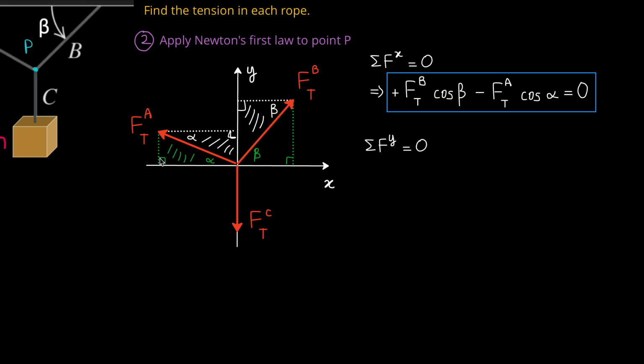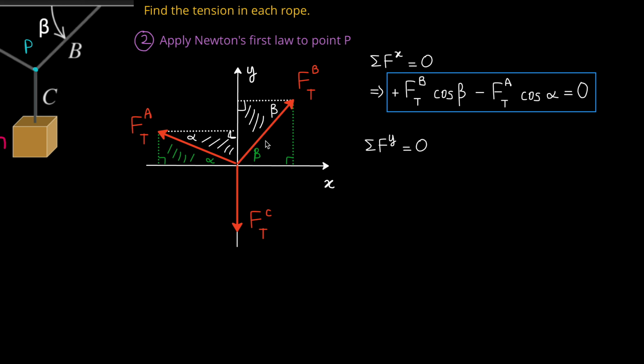That's how much this force vector extends in the vertical direction. With respect to the angle alpha, this green dashed segment is the opposite side, based on this right triangle, with this angle being the 90-degree angle. So the y component will go with sine alpha. In other words, the y component of this force is equal to FTA, the magnitude of the force, times sine alpha. And because the force vector is pointing towards the upper left corner, and up is our positive direction for the y-axis, that is a positive component.